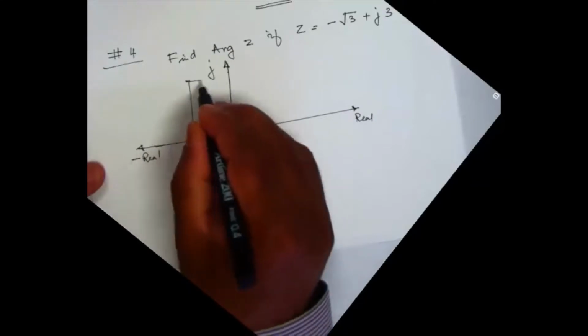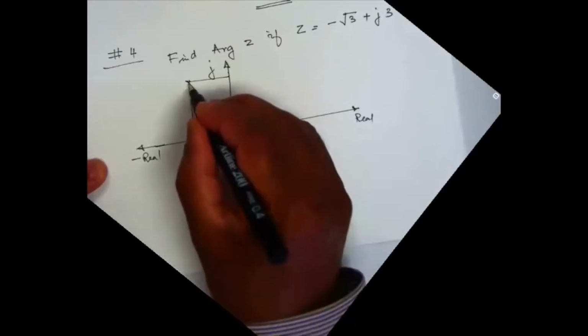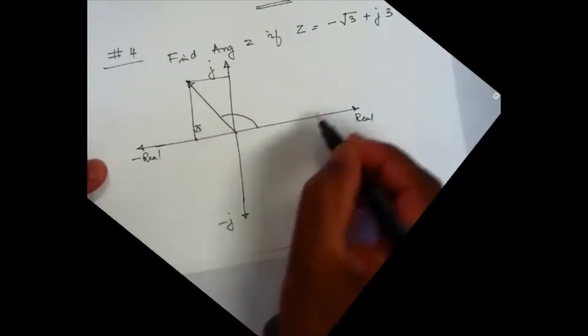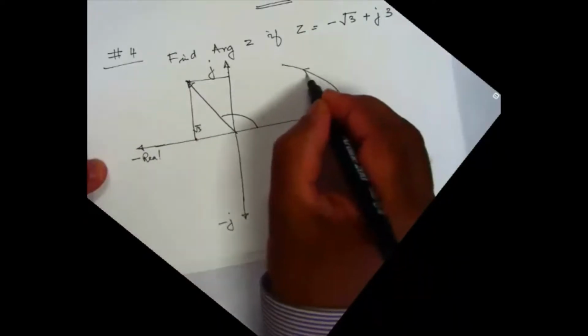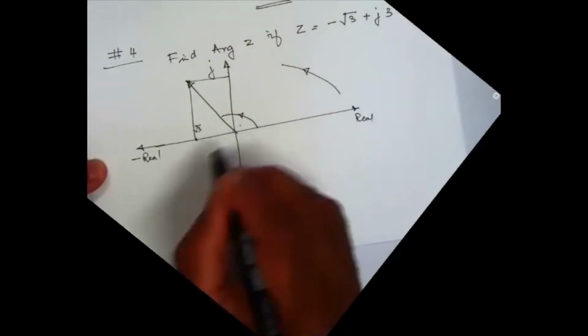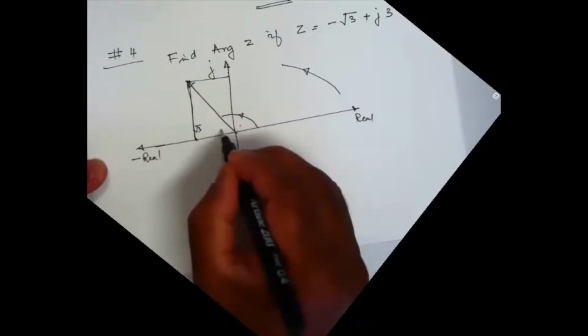So we are actually talking about this vector or this phasor there, and now the angle, if you take on the clockwise rotation, is the angle that we have to find, but it's easy to find this angle here. Shall I say this angle is alpha?